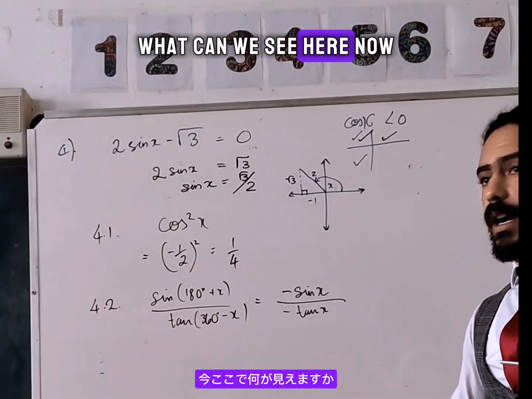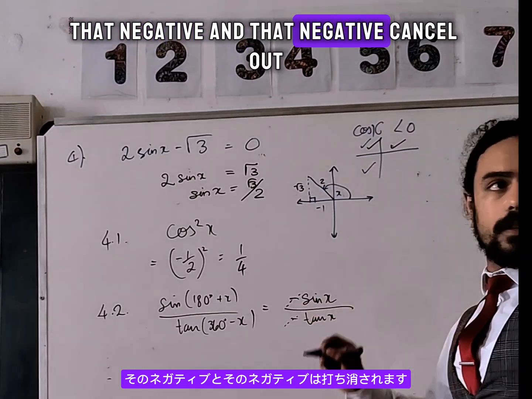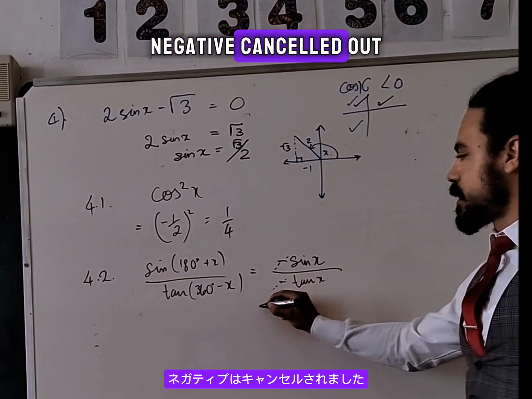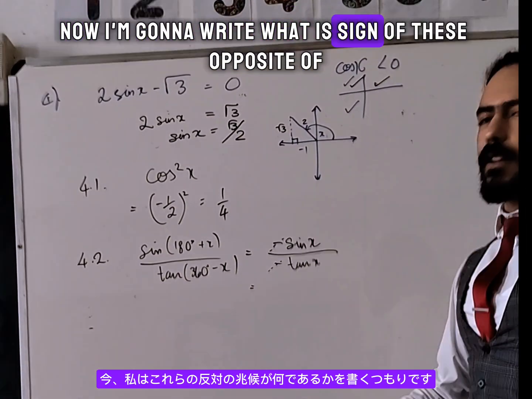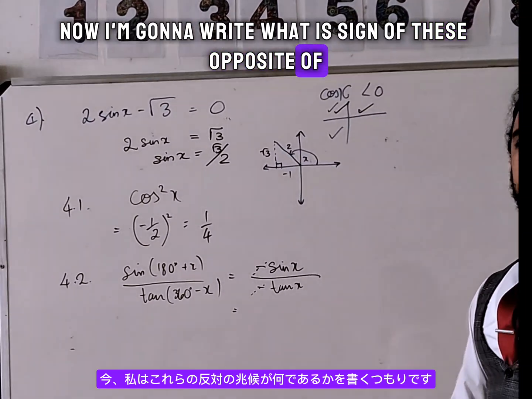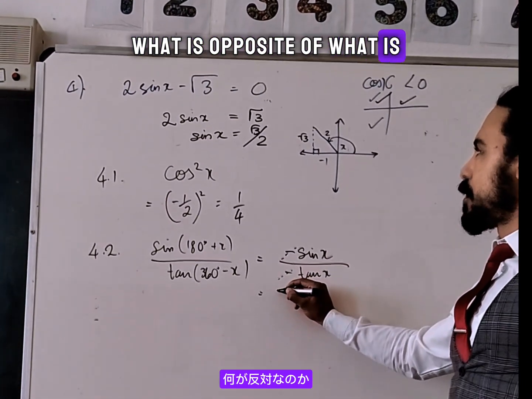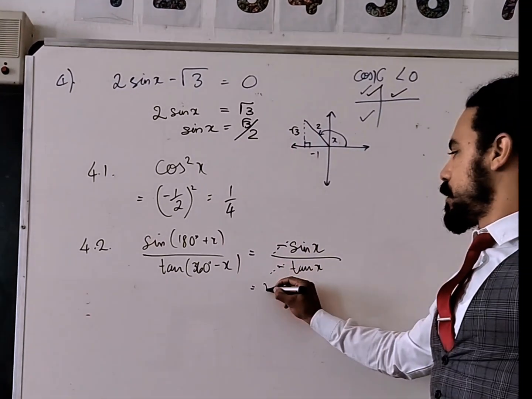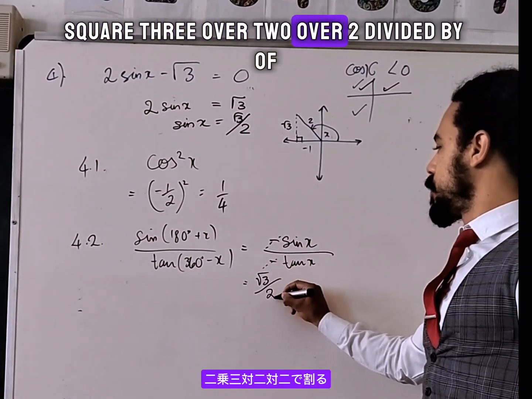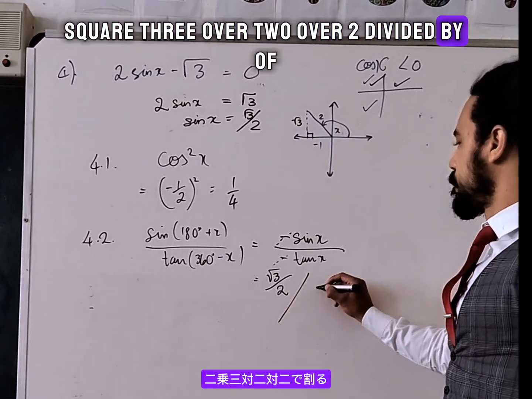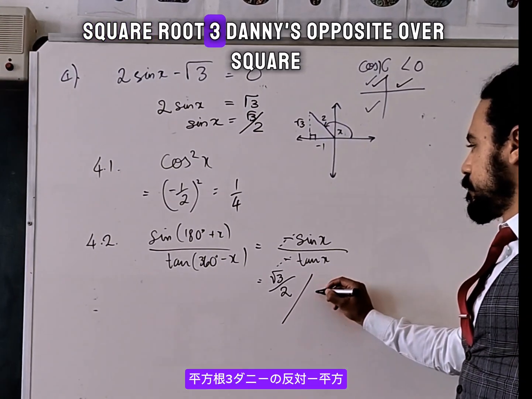What can we see here now? That negative and that negative cancel out. Now I'm going to write: what is sine of x? Opposite over hypotenuse, so square root 3 over 2. Divided by tan of x.